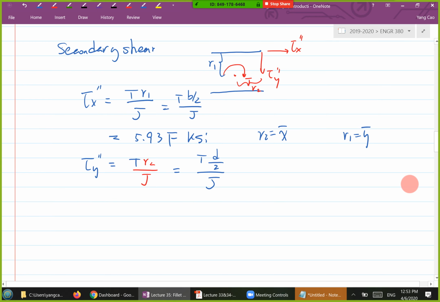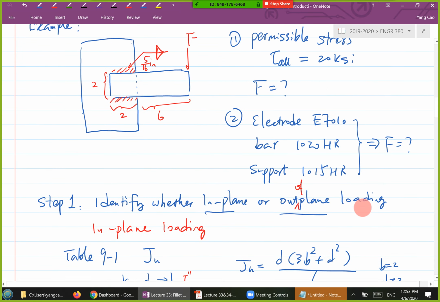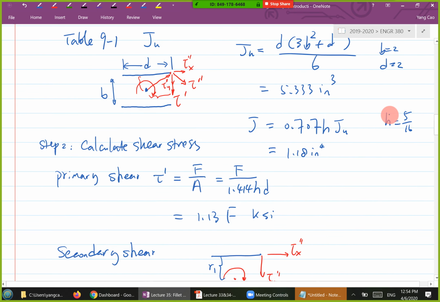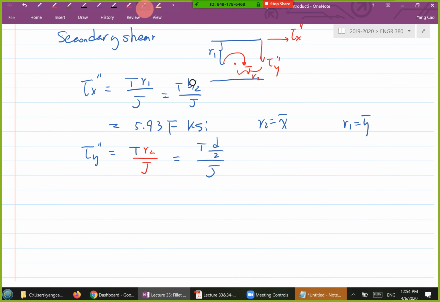For example, in this question, it probably doesn't make a difference because both B and D are 2. If let's say this is 2, this is 3 or 5, then you have to identify the numbers correctly. Which one is B, which one is D? Once you get this, you calculate the total shear stress at the location.